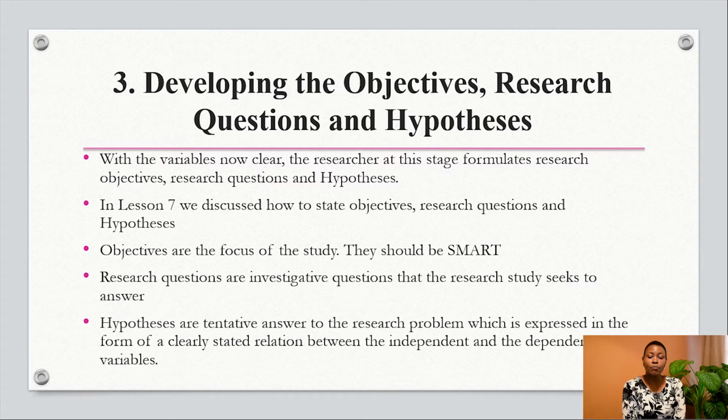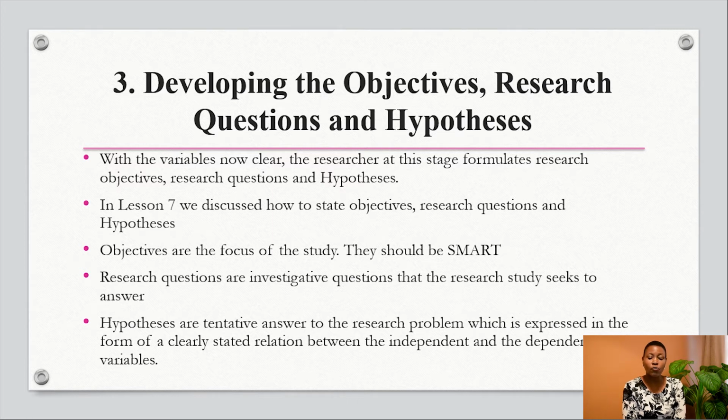With now variables being clear, we now move to step 3. This is where we develop objectives, research questions, and hypotheses to be tested. In lesson 7, we discussed how to state objectives, research questions, and hypotheses.